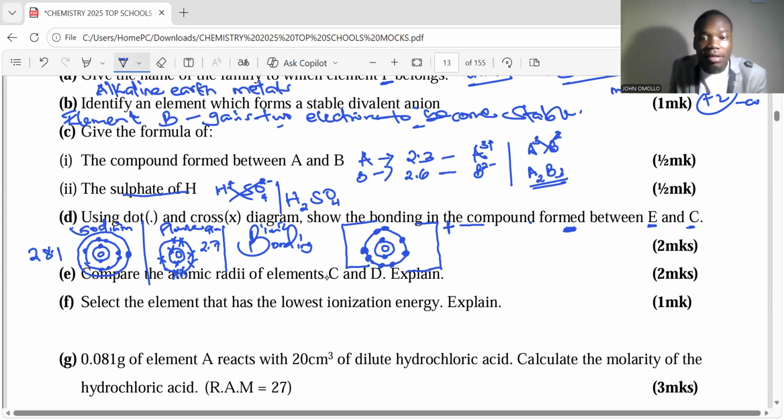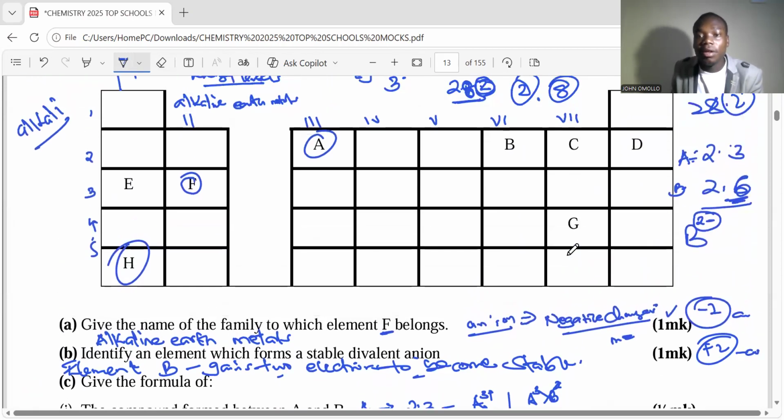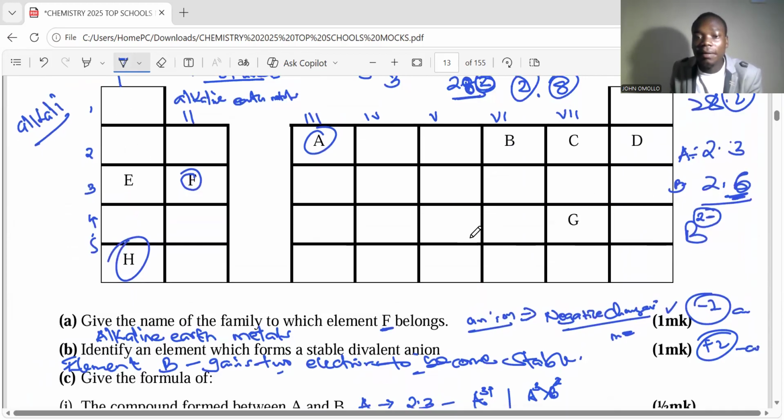Compare the atomic radius of element C and D. Explain. Back to the periodic table, C and D. An insight we can get from C and D is that they belong to the same period, period 2, and different groups.